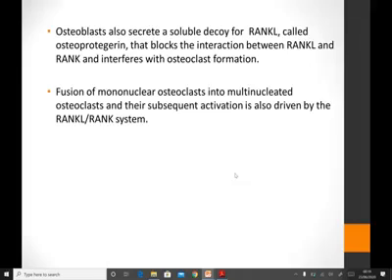Whenever bone resorption is required, the RANK and RANK L interact with each other and the mature osteoclasts are produced, and what do they do? They resorb the bone. And whenever bone resorption is not needed, the osteoprotegerin inhibits the binding of RANK L to RANK, and that in turn interferes with the osteoclast formation, and that results in no bone resorption.